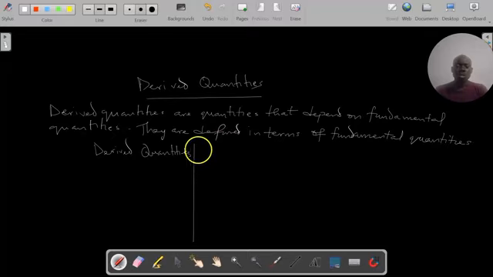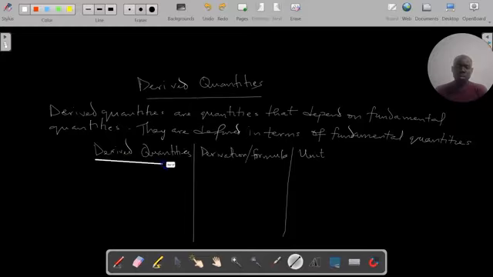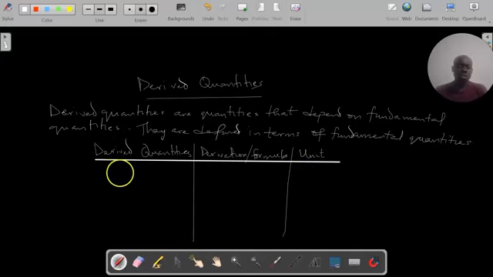Before I talk about their derived units, let me also include the derivation, or simply the formula. Then we have units. The first one we want to look at is area.